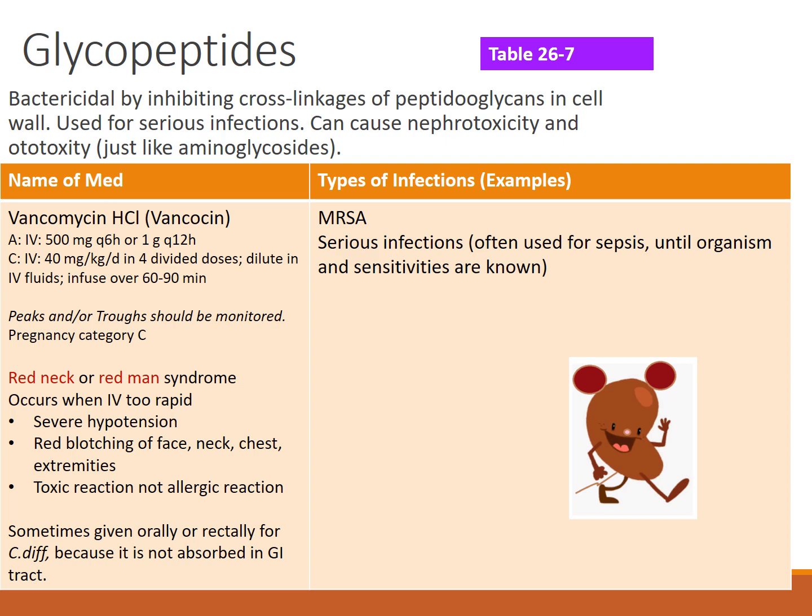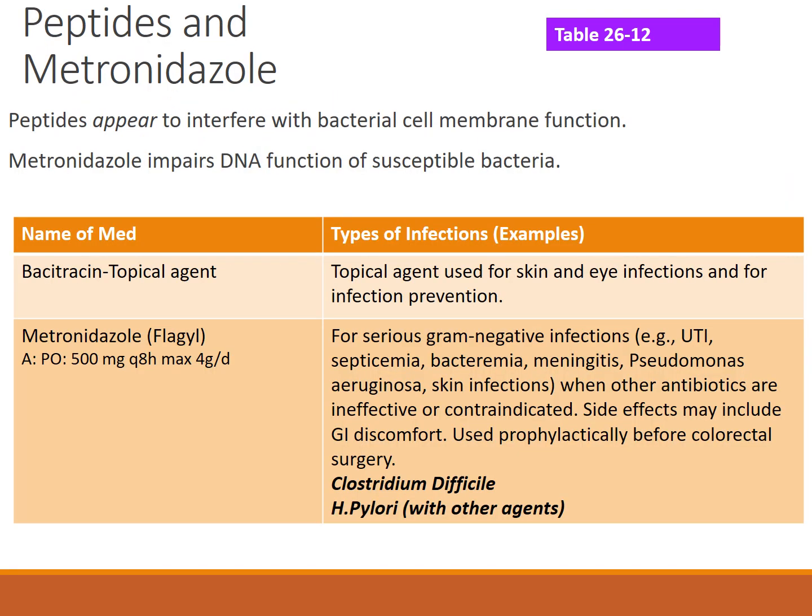All right, so you may see vanco enemas, or you may see PO vanco, and that's not going to kill an infection in your bone or anything because it doesn't get absorbed through the GI tract, but it will kill C. diff.